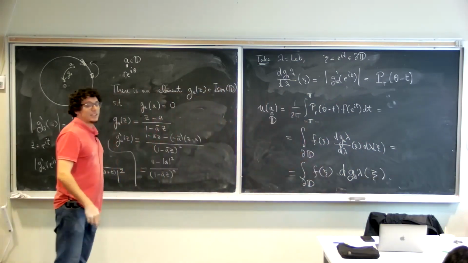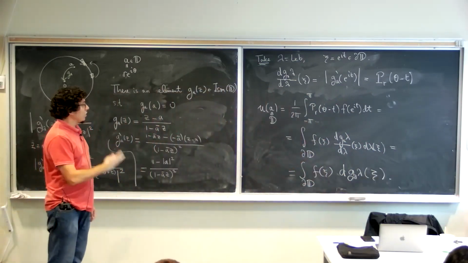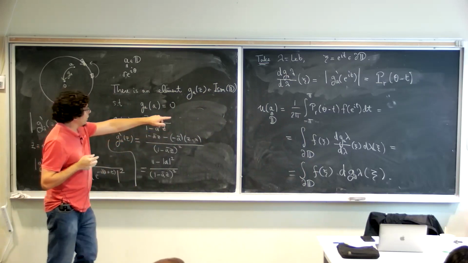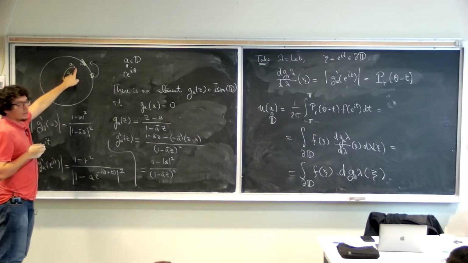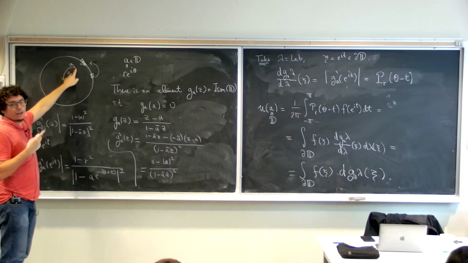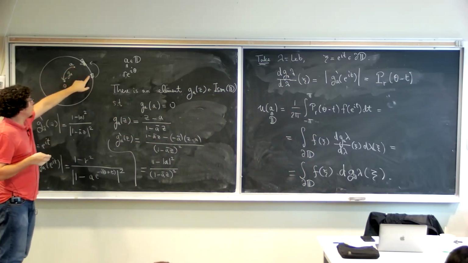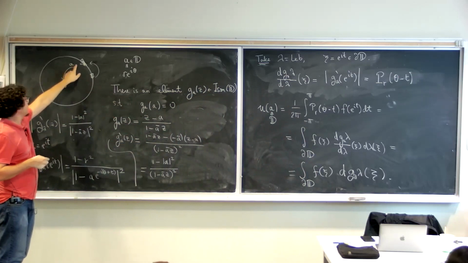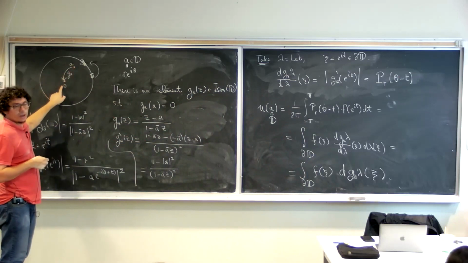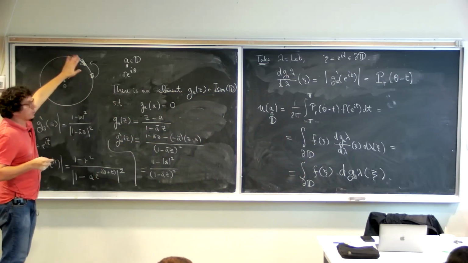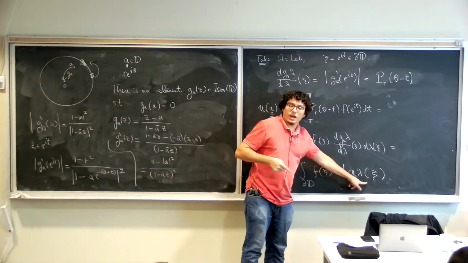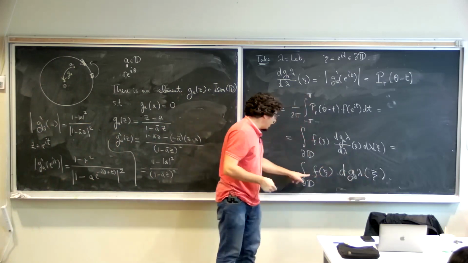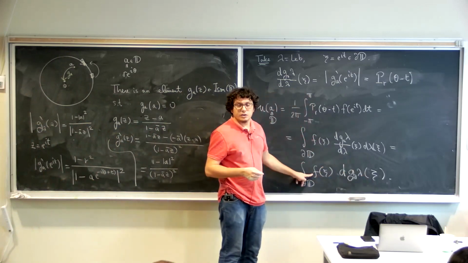So the formula is much simpler. What are you doing? You want to find the value of the harmonic extension at an element inside the disk. You take the group element that brings this point to the origin, you push forward the Lebesgue measure by this element, and you integrate against the boundary values.